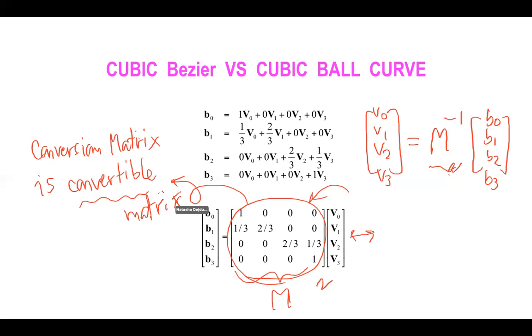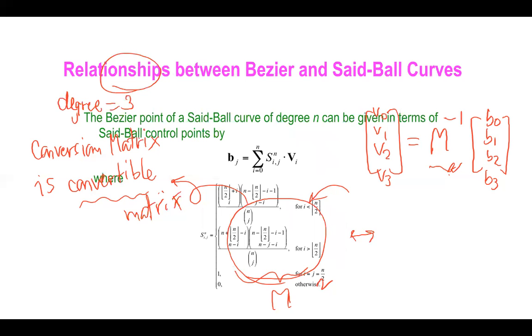Okay, this is just the conversion from Bezier to ball curve or from ball curve to Bezier respectively, but it is only for the cubic curve. Cubic curve means the highest degree is equal to 3. What if we want to find the generalization for any degree, for the conversion from Bezier to ball? What shall I do?